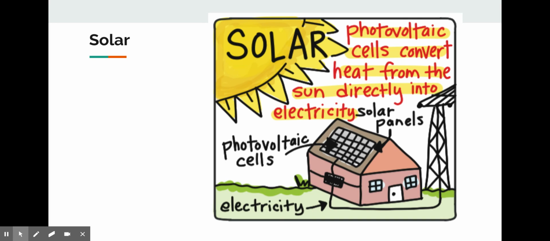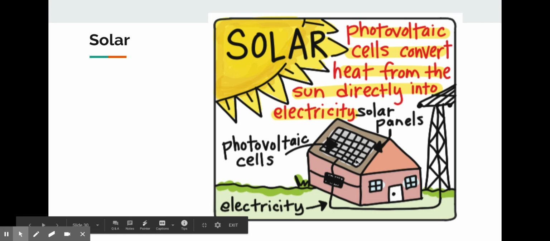Around where I live, there are actually several large solar farms. And so the photovoltaic cells change the heat from the sunlight directly into electricity, and then it winds down. You can see here we have a little power bank. Maybe this house is storing some of that energy, and then the rest of it goes to the grid.